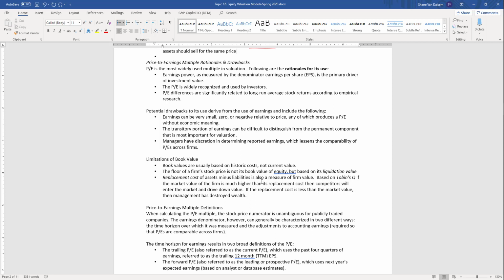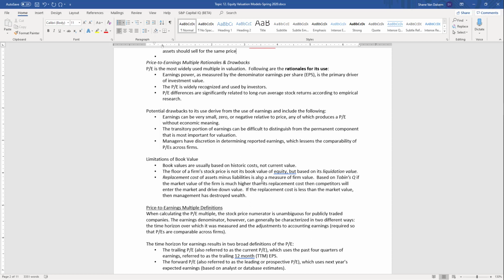But earnings is kind of strange because we can look backwards or we can look forwards with earnings, or we can look at a 12-month period in between, and we're going to go through those different options when we talk about price to earnings multiples.